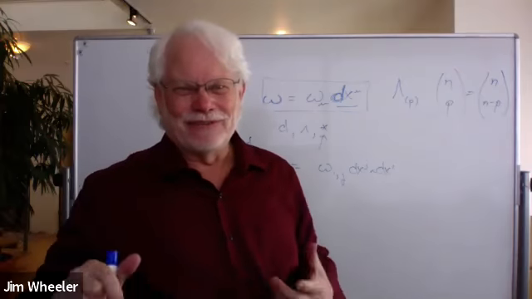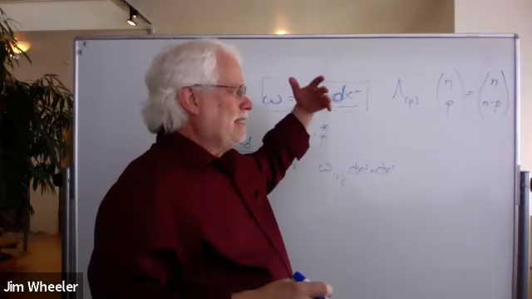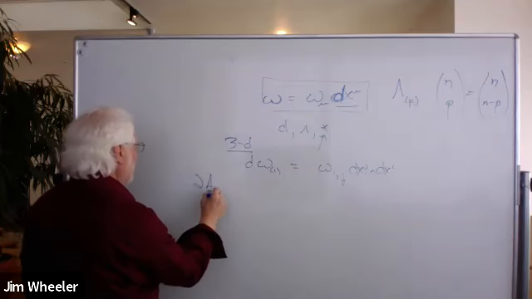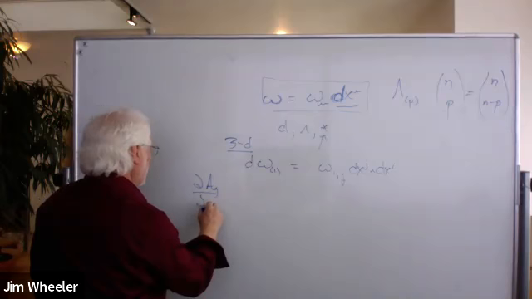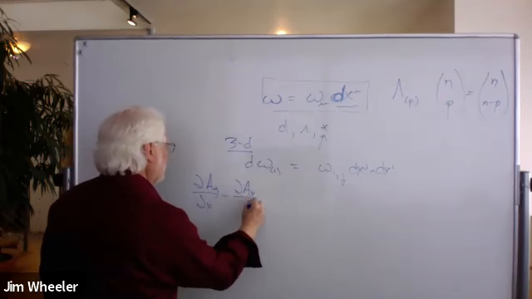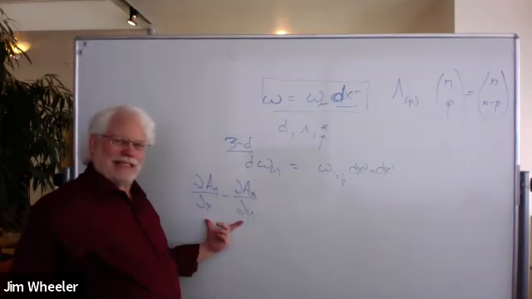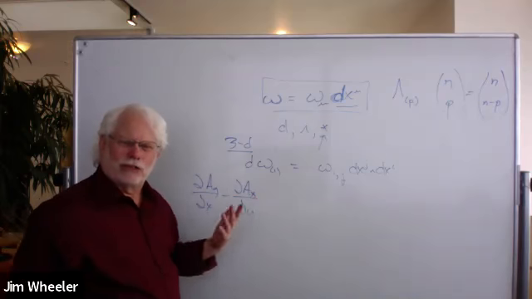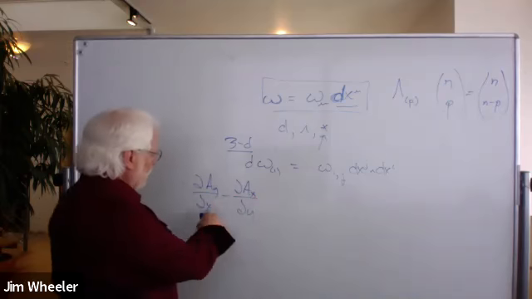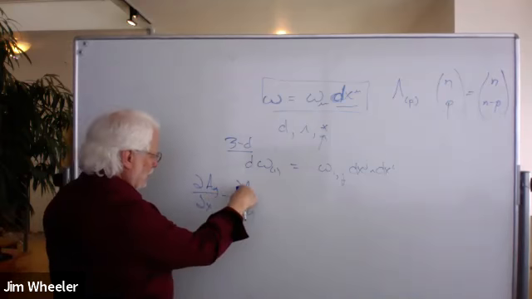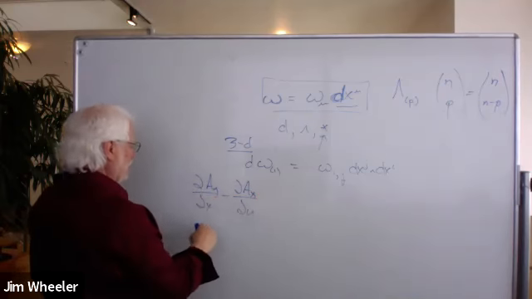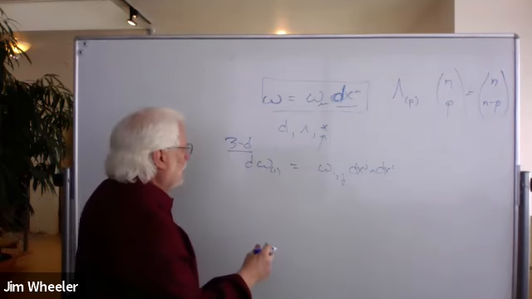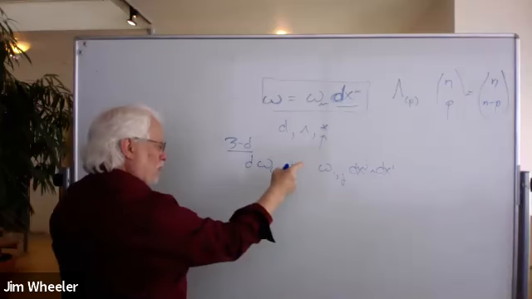I don't want to rush ahead here, but a curl has components like dAy/dx minus dAx/dy. You know, things like this. Those are just anti-symmetrized derivatives. Those are the components of the curl. So, z y and y z, or x z and z x. So these are the components of the curl, but that's not the curl.